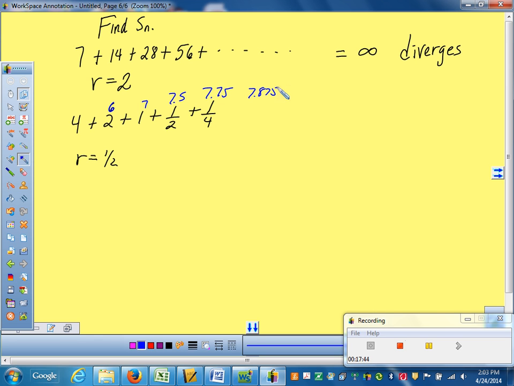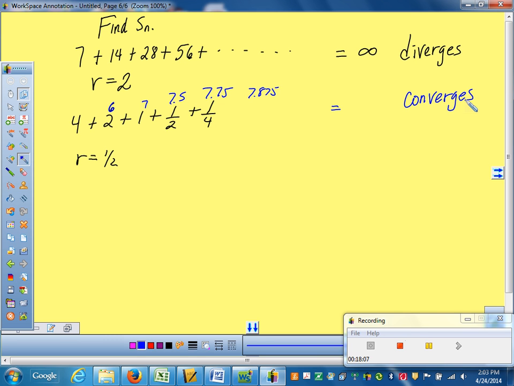So therefore, it has a sum. We can actually find that sum. If it's going to have a sum, we say it converges. So it does not go to infinity. Okay, how can you tell, by just looking at the series, whether it's going to diverge or converge without ever working anything out?